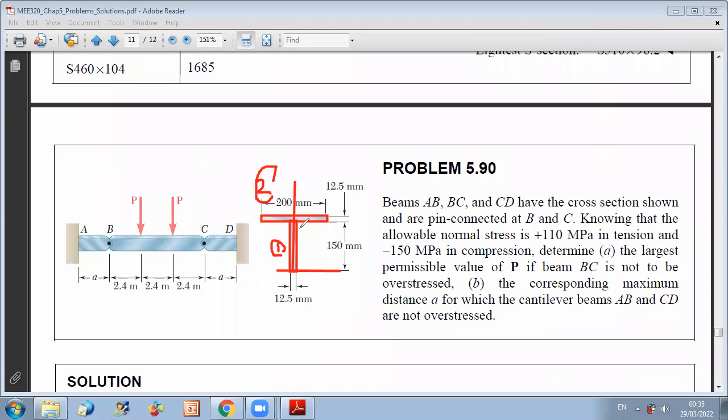So for A1, it's 12.5 times 150 millimeter, and y1 is at 150 over 2, which is 75 millimeter from the bottom level. And for the upper part, the area is 200 times 12.5, and the value of y2 is 150 plus 12.5 over 2.